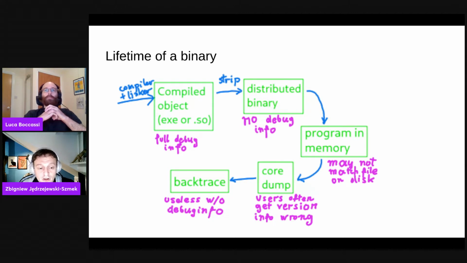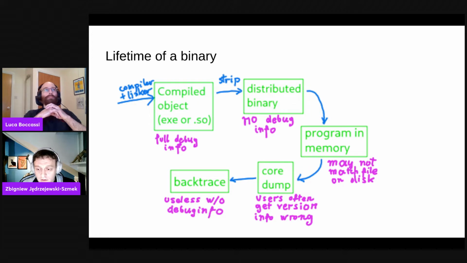But when the program is in memory, things get a bit tricky, because in the meantime maybe the package was upgraded or even removed. So for something that is running in memory, the version may not correspond to the installed package. It may not correspond to the installed versions of the libraries that this program uses. And well, programs crash, unfortunately.